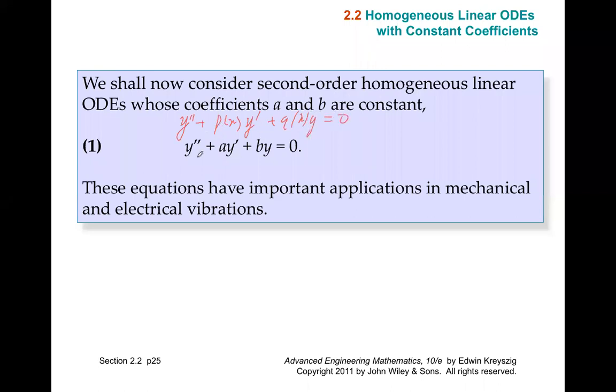If p(x), the function of x, is constant, we have the homogeneous linear equation with constant coefficients. We can represent p(x) by a and q(x) by b, because they are constant. If we have this, the solution is more simple.